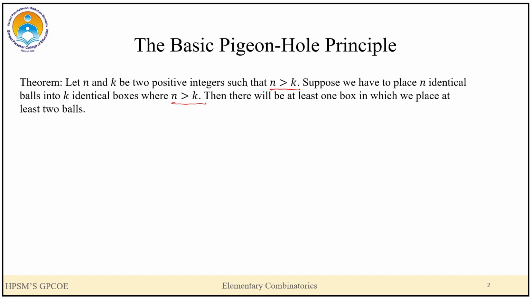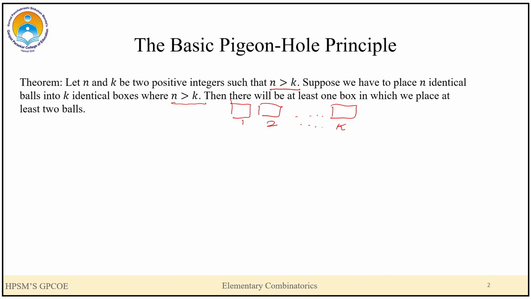Okay? If you want to draw a picture to get a rough idea, this is how it looks. Suppose there are these k identical boxes. Let me name them as 1, 2 up to k. And in these boxes, since we are talking about n identical balls, we have to place all n of them, but we will see that at least one box will be there wherein we will find at least 2 balls, and that is quite trivial because this n is strictly greater than k.